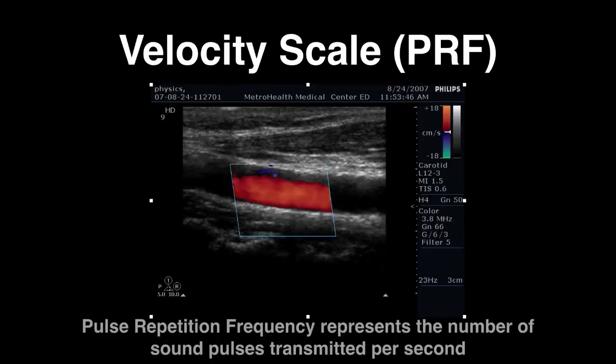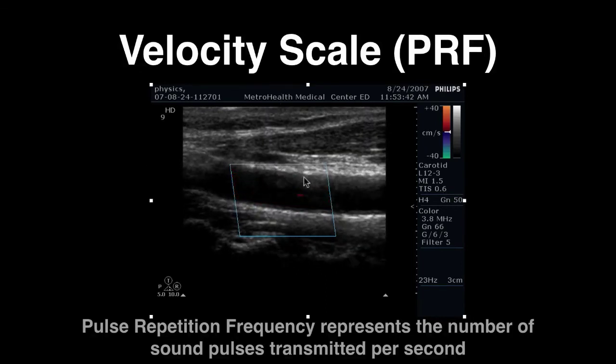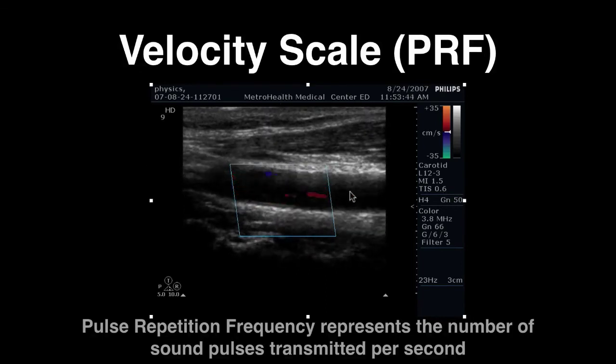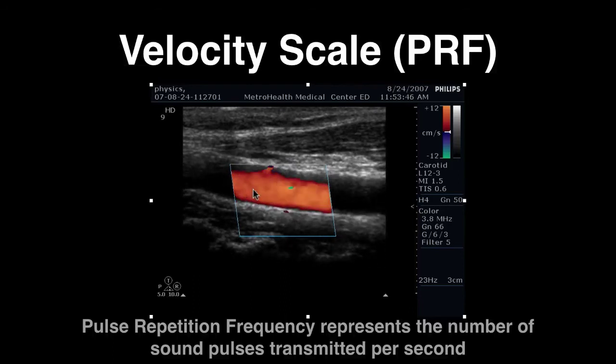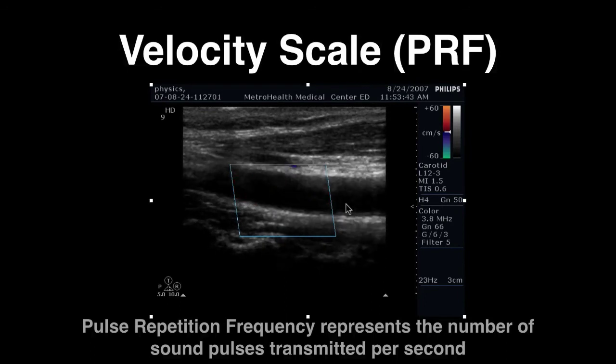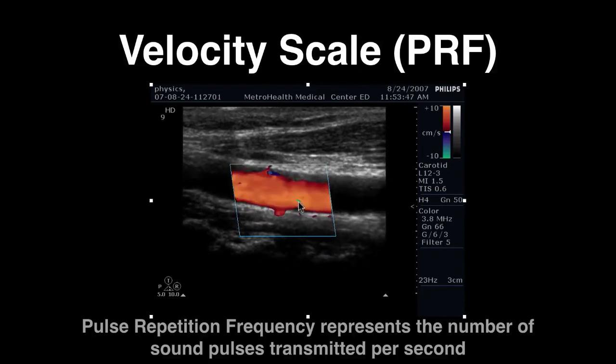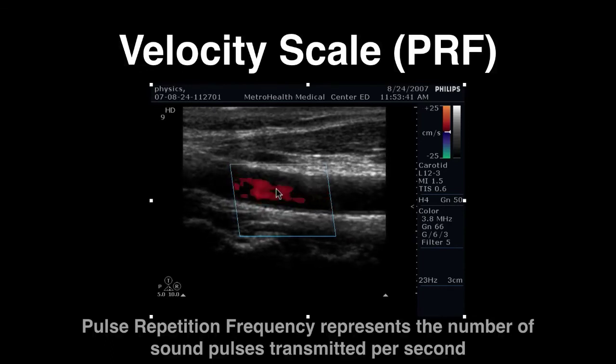Here we have another sagittal image of the carotid. So anterior, posterior, head, foot. You can see we've got the common carotid here, and we do have it angled a little bit. We probably could have rocked the transducer a little bit more to get a more appropriate Doppler angle. You can see we've got the color box here.